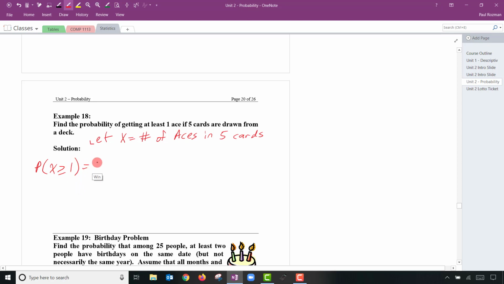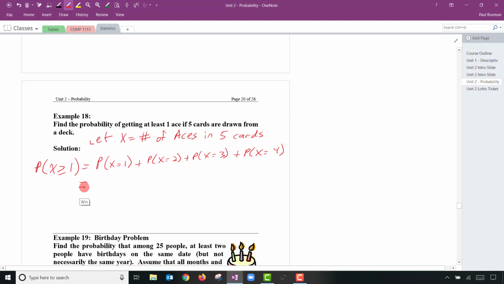Like I said, to solve this, we could find the probability of exactly 1 plus the probability of exactly 2 plus the probability of exactly 3 aces plus the probability of exactly 4 aces, and there better not be 5 aces, so we can stop there. So we could find these 4 probabilities and then sum them all together.